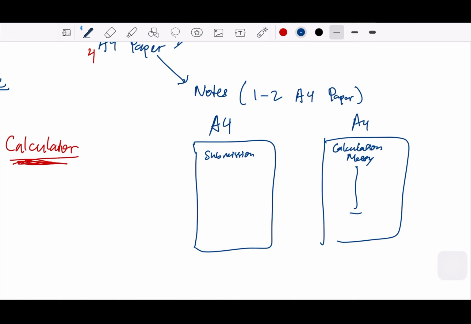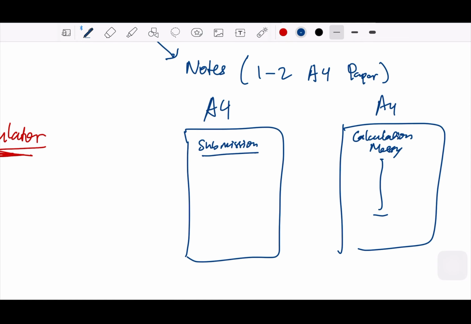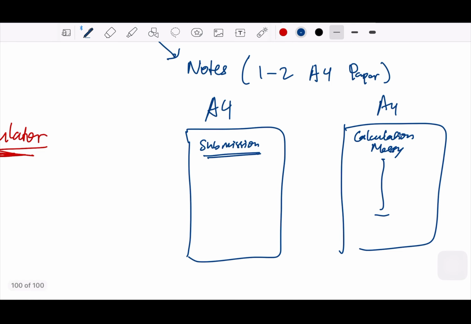So you can make the submission paper much more neat, clean, and easy to recognize. If I cannot read your writing and you keep asking me why this, why that, because I cannot read your writing. So please make sure this submission paper is clean, neat, and readable.